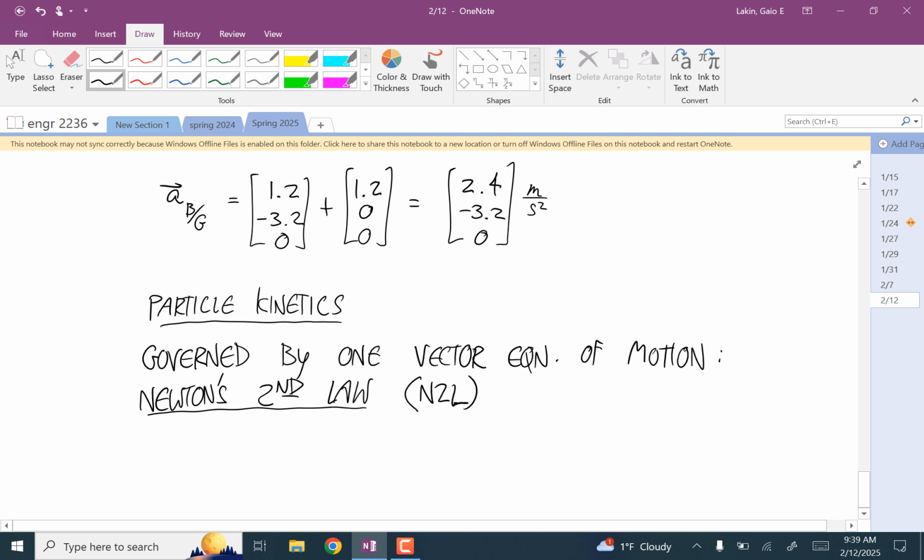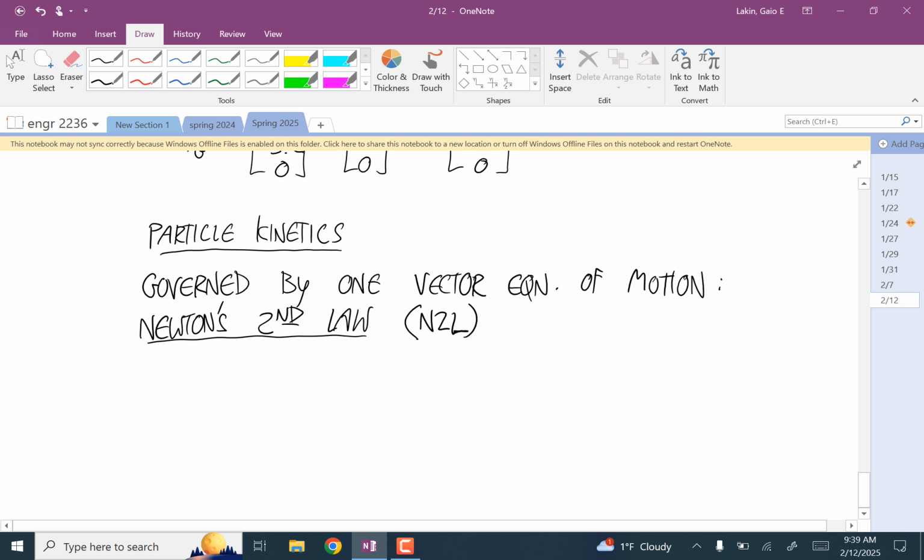Newton's second law says, add up all the forces on a body. And those are vectors. So F net, the sum of all the forces, is equal to the mass of the body times the acceleration. But, as we were just seeing with rolling without slipping, different points on a body have different accelerations in general.